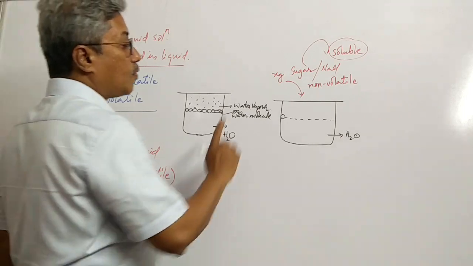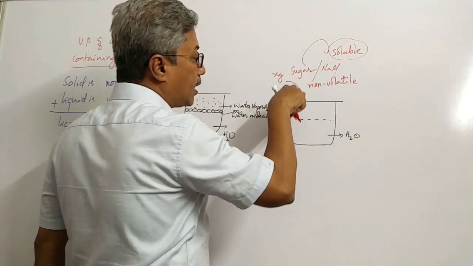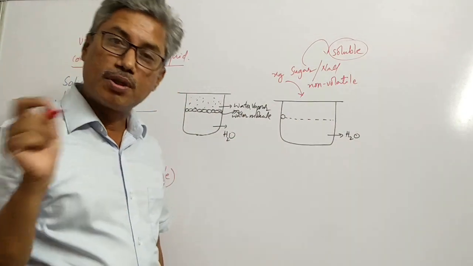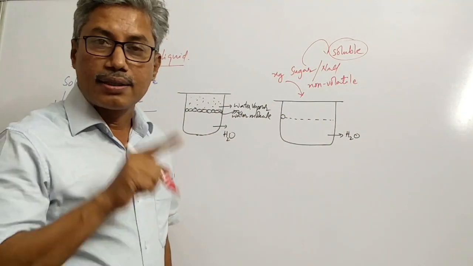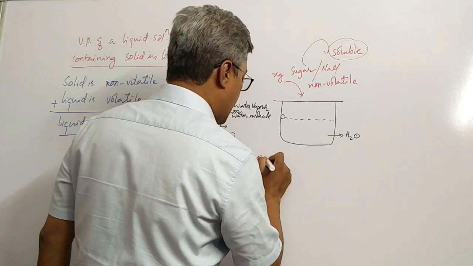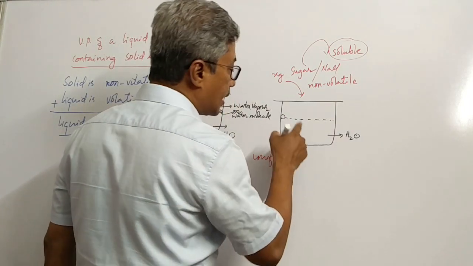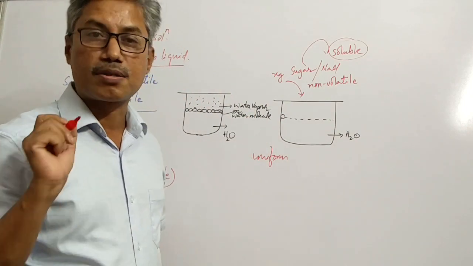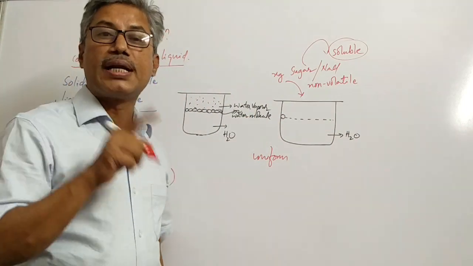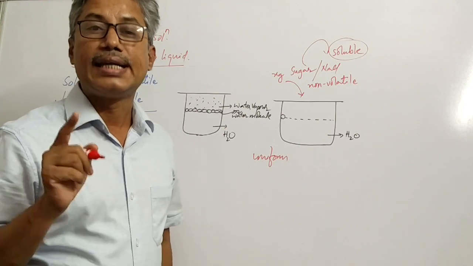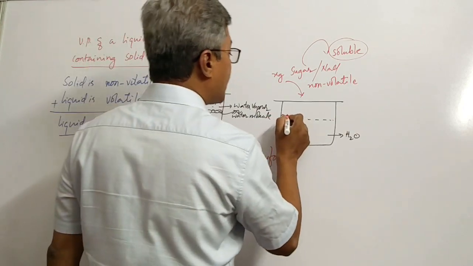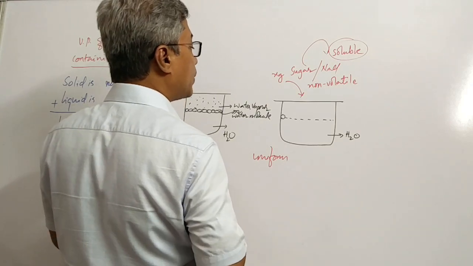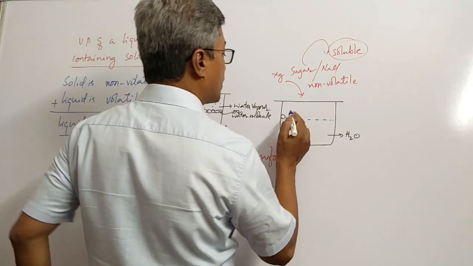Clear? Now once we add this non-volatile component, say sugar, into this and stir it, we notice a uniform solution of sugar. The uniform solution means the sugar concentration in the entire quantity of liquid will be uniformly distributed. Clear? This uniform distribution of sugar indicates that even on the surface, we notice that sugar molecules are present.